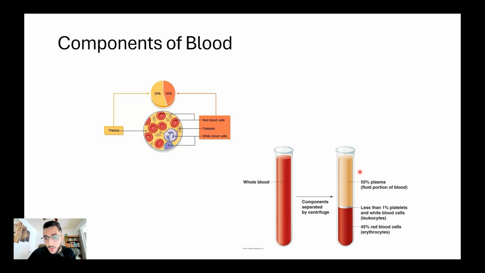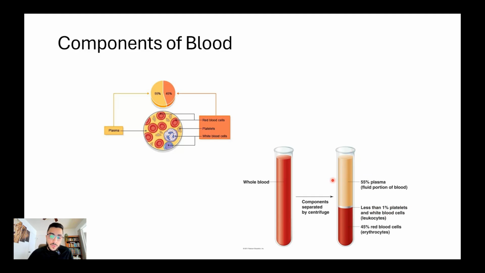And so plasma is about 55% of your blood. Red blood cells, so this is just the cells, is about 45% of your blood, and then the remaining, a bit less than 1%, is the platelets and the white blood cells.